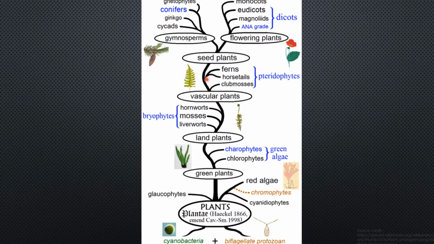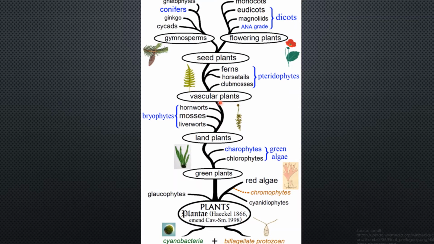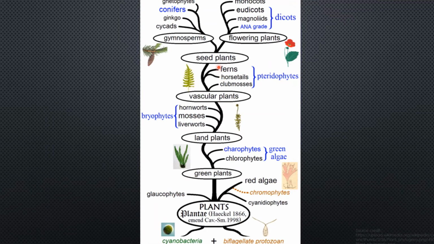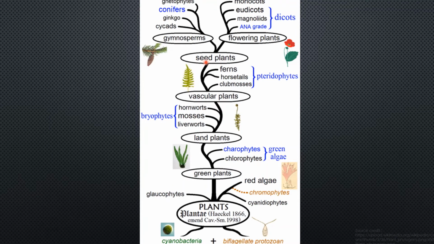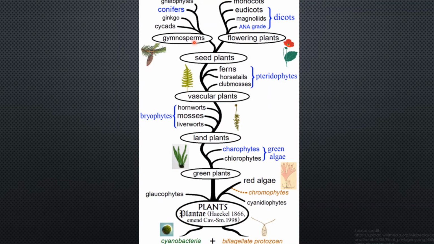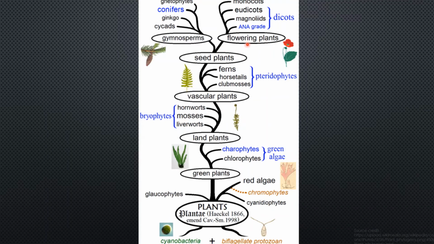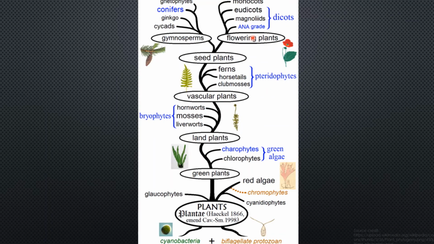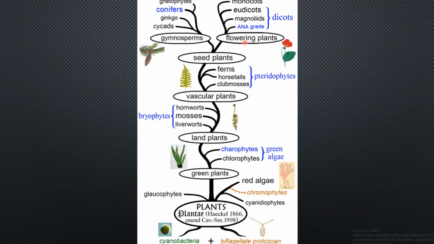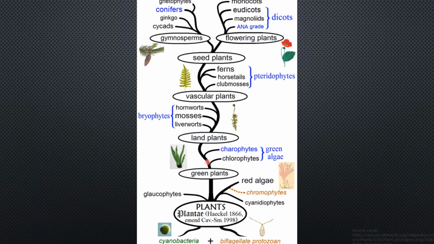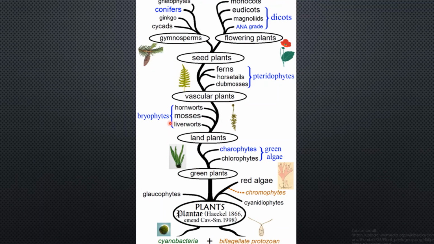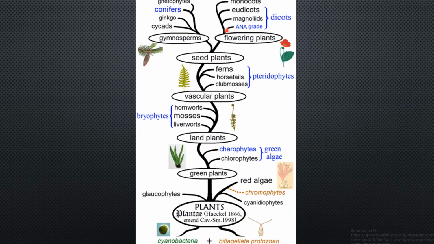Then after that, vascular plants developed. Vascular plants include ferns, an example from the pteridophytes. After that, seed plants developed. Seed plants include gymnosperms and flowering plants. Gymnosperms have naked seeds, and flowering plants, or angiosperms, have covered seeds. That's why these have more survival chances on the earth. In this way, the correct sequence becomes first algae, then bryophytes, then ferns, and then angiosperm.